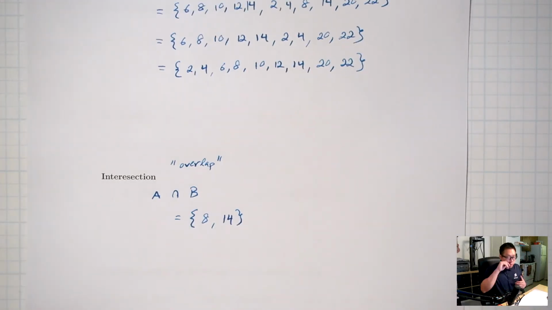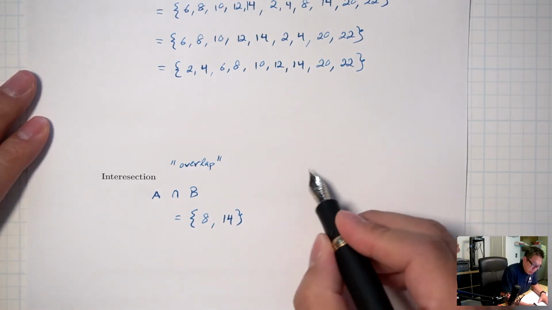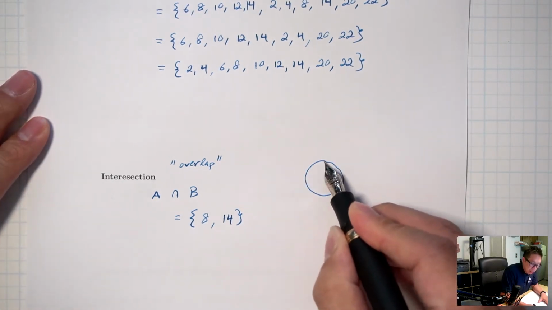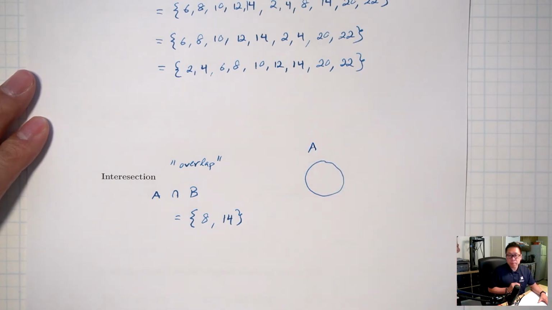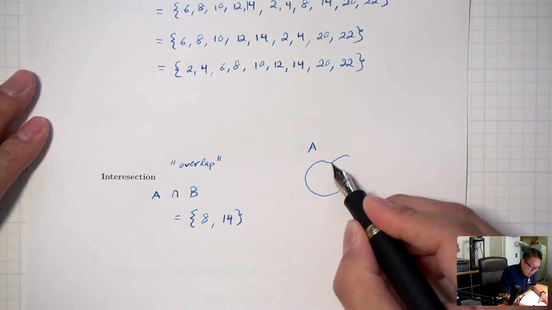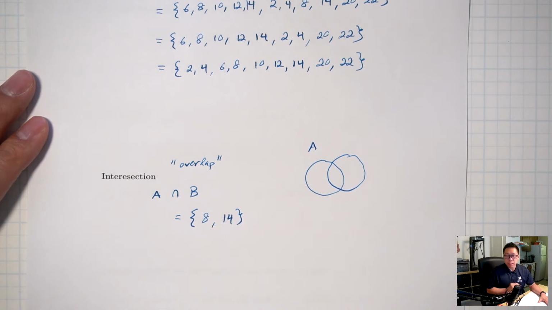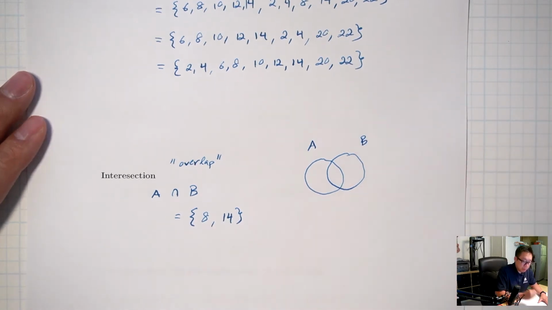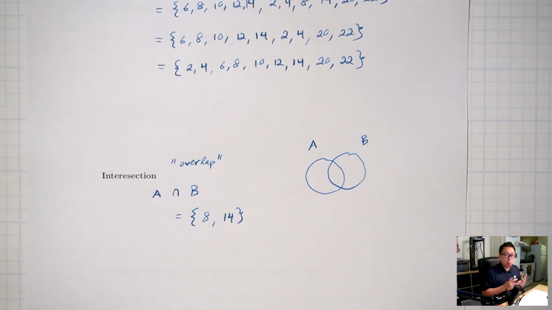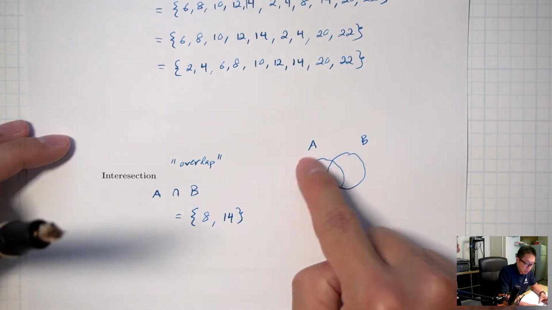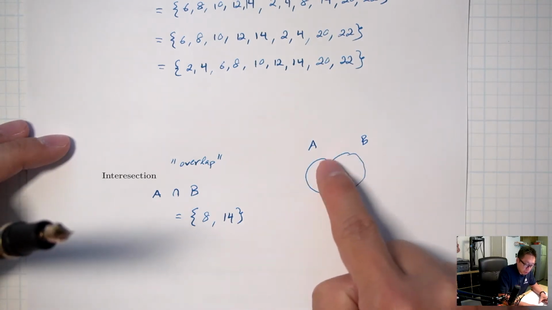For intersection, sometimes we denote this using a picture. Say that's set A, that circle, and say that second circle is the set B. The intersection will be the region that's in both circles at the same time. So what region is in circle A and also circle B?